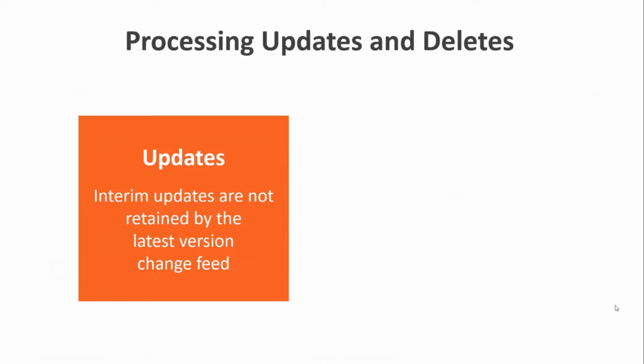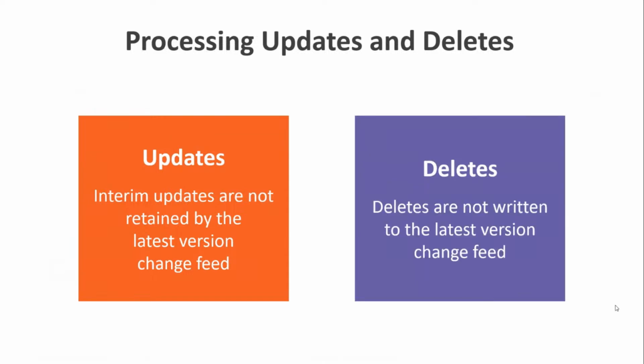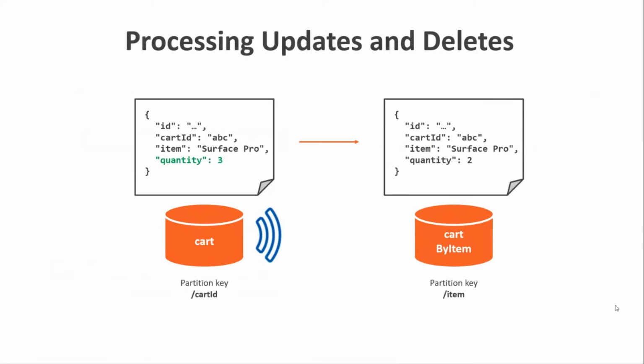And the bigger consideration is that deletes are not written to the so-called latest version change feed at all. Only to the full fidelity change feed, which we'll talk about in a moment, which is brand new. But traditionally, deletes are not written to the change feed. And so, if the quantity changes from 3 on the left, our microservice will pick it up and can change it to the 3 on the right.